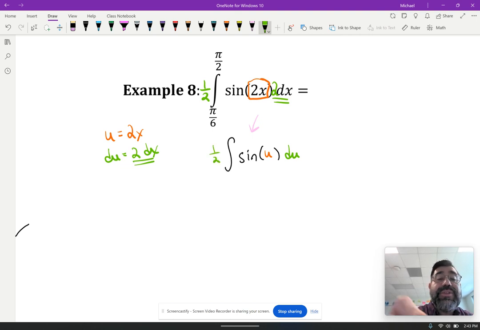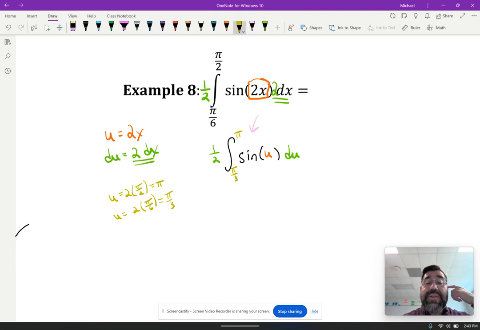And then let me change these u values. So u is 2 times my x value. The top x value is pi over 2, so that's going to produce just pi. U is equal to 2 times pi over 6. That's going to reduce down to pi over 3, and that's my bottom limit of integration. Great. So once I find the antiderivative, I can just plug in these numbers, and I'm done.